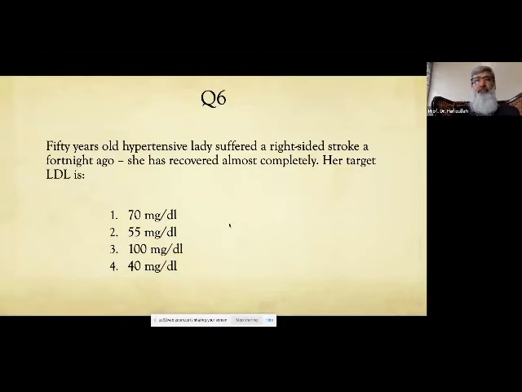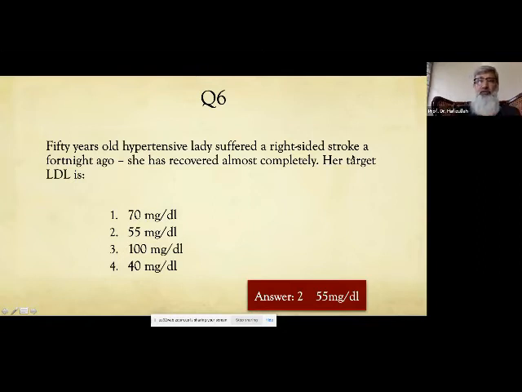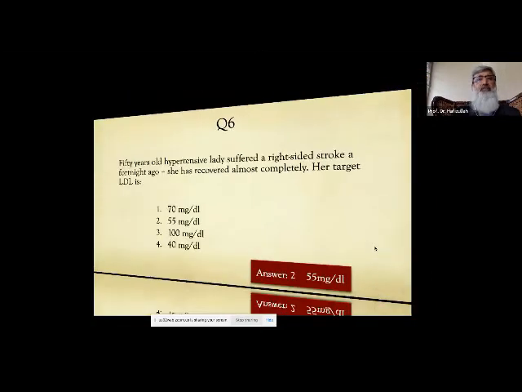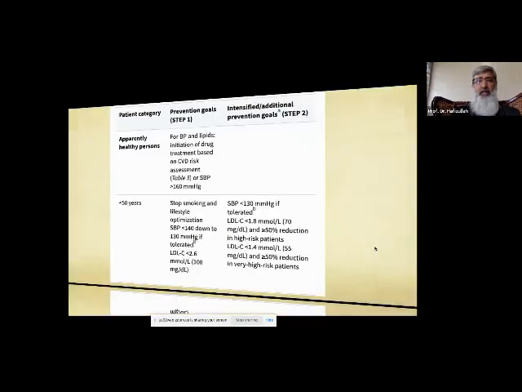Last question. Here the answer is 55. Why? Because this lady is hypertensive and she had a right-sided stroke. So whether it was a history of acute MI or a history of stroke, these patients qualify for very high risk, and should be put on cholesterol therapy which should bring it down to less than 55 milligram.